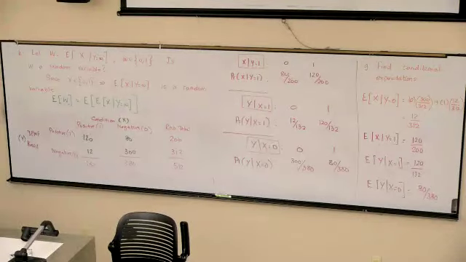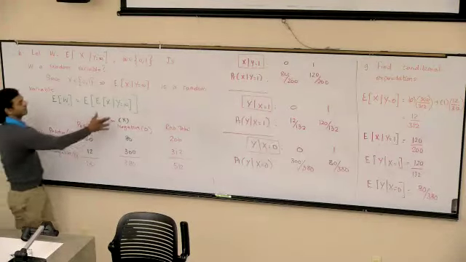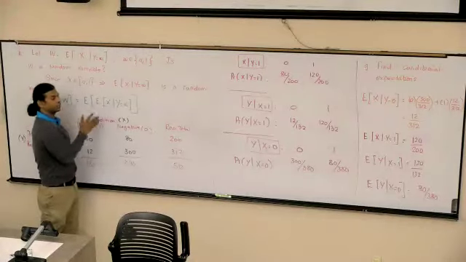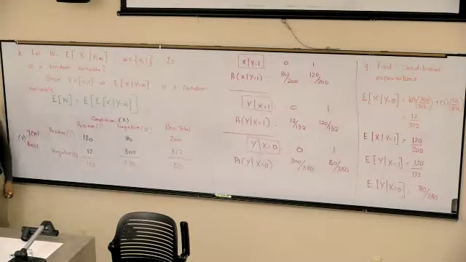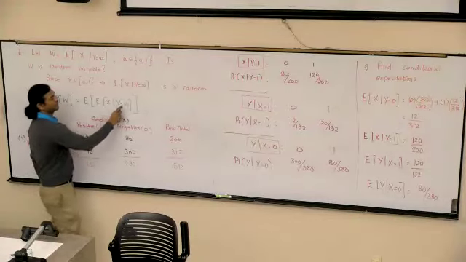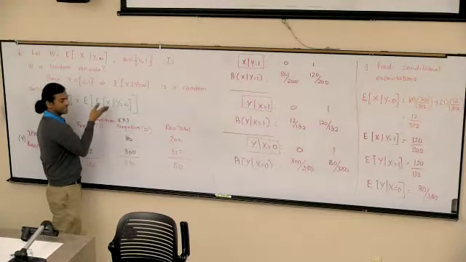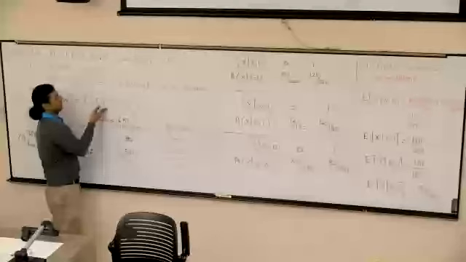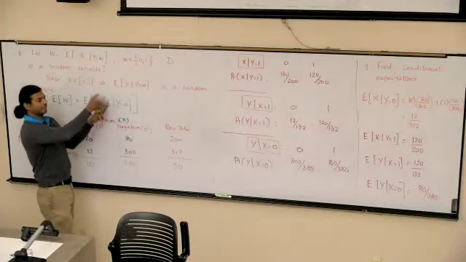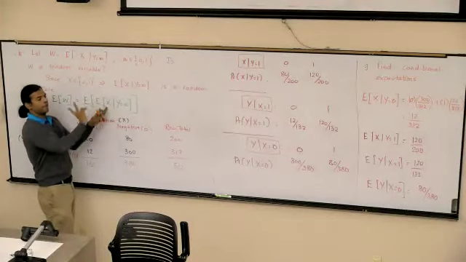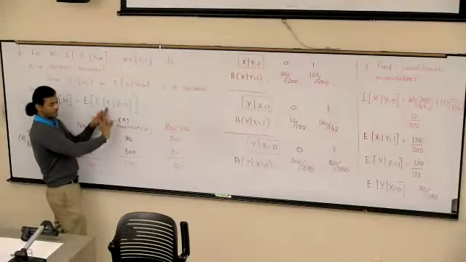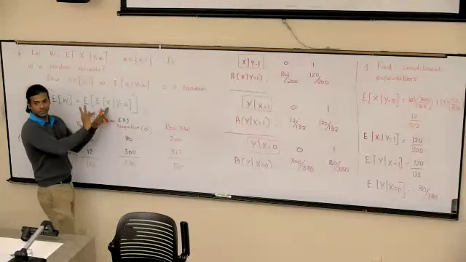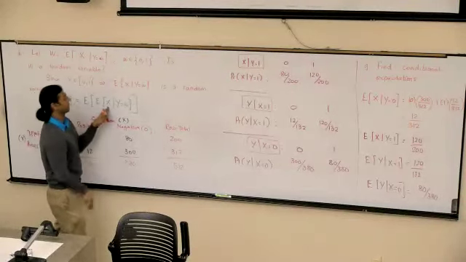When I evaluate this expectation, it would be with respect to the PMF of Y. Do you agree? Because there are 2 possible values for Y. So if I'm going to evaluate this expectation, I'm going to fix X to be a random variable. I'm going to evaluate when Y is equal to 0 and when Y equals 1.